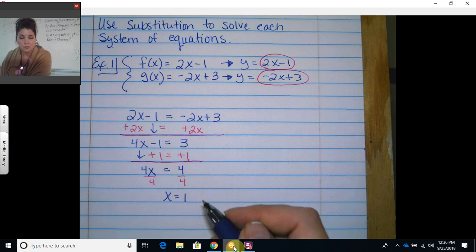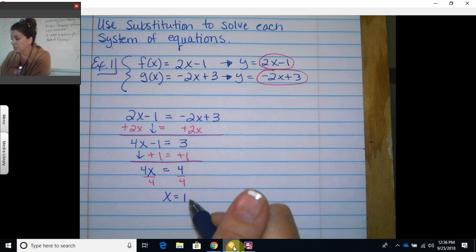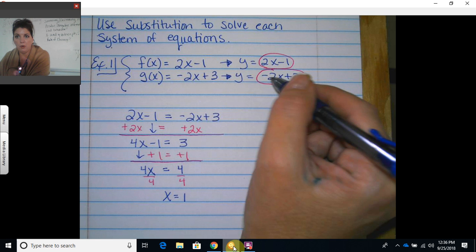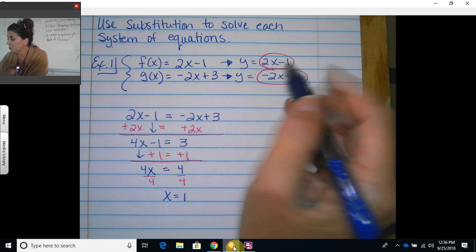Okay? An ordered pair has an x and a y, right? We have only solved for x. Exactly. If you know x equals 1, then I'm going to substitute that into either of your original equations and solve for y. It does not matter which equation that you choose, you're going to get the same answer. Okay? So I'll just substitute it into y equals 2x minus 1.